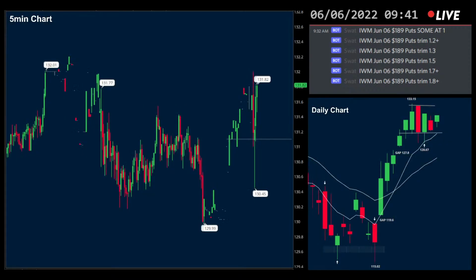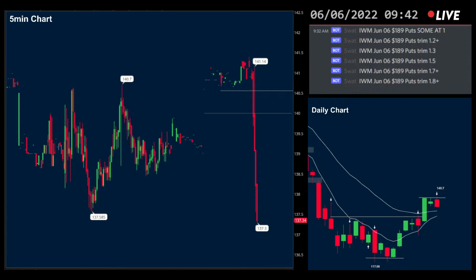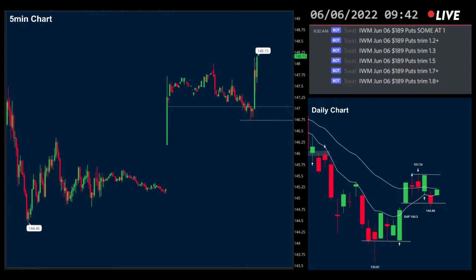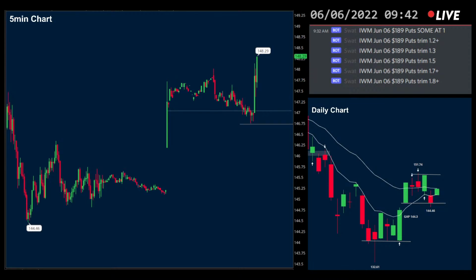JP Morgan bouncing. Boeing really ugly. Big sell on Boeing on that bear flow, guys. Apple trying to hold. Boeing very ugly.